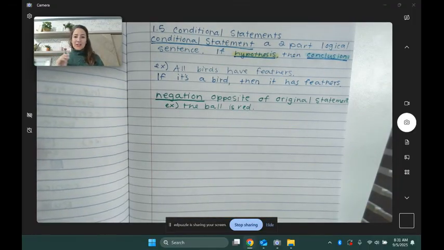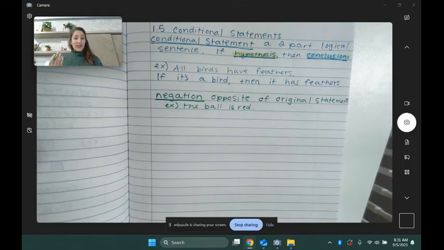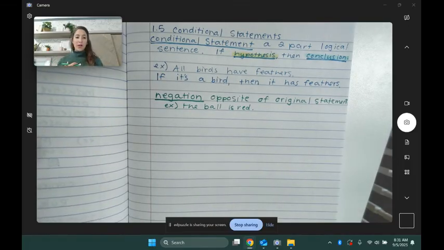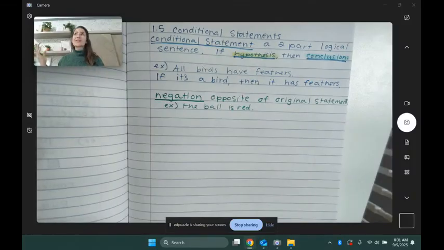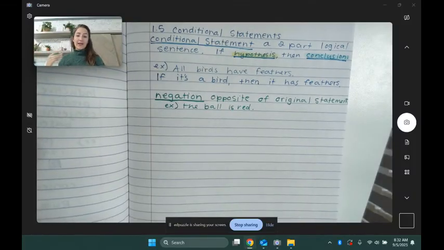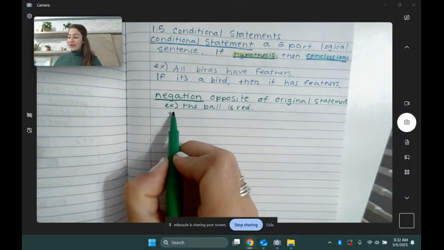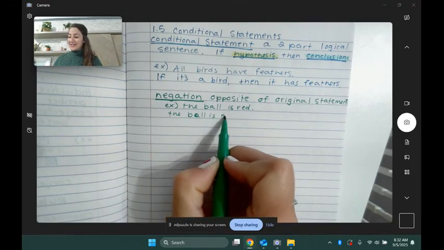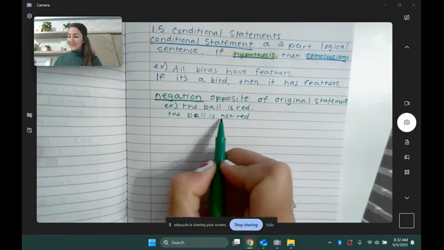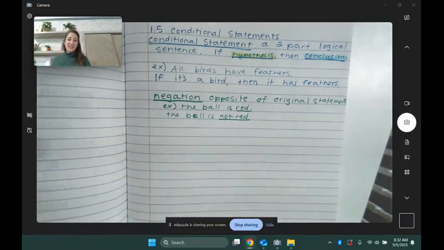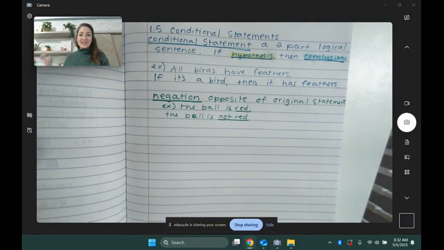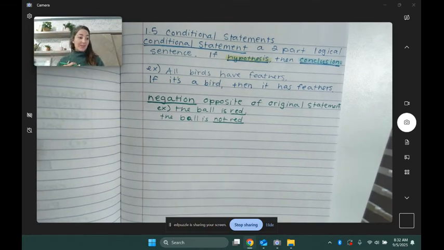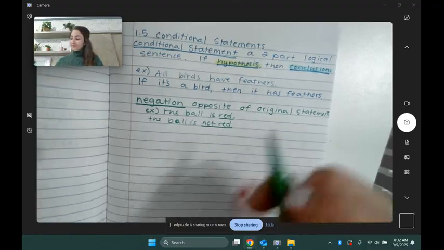Here's where negation sometimes gets a little tricky. A negation would not be, the ball is blue, because blue is not the opposite of red, right? The opposite of red is the ball is not red. So you can't just say, okay, it's something else. A negation is clear 100% opposite of the original statement.